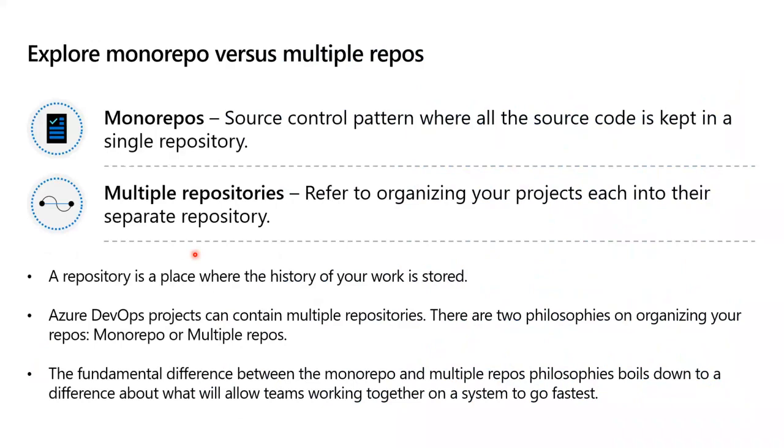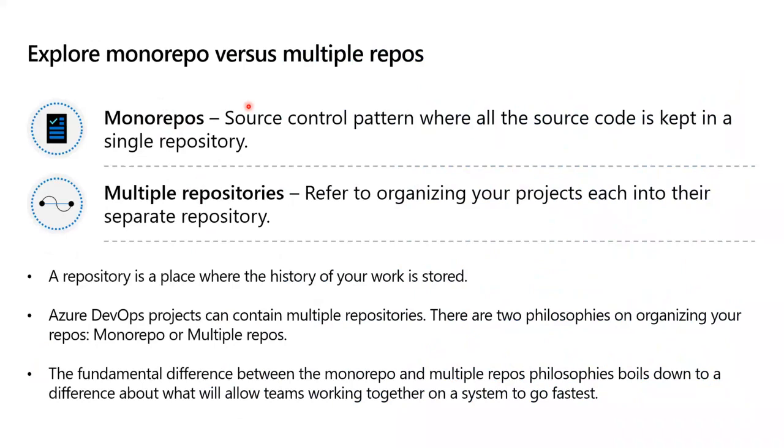So if we focus this on Git repositories, normally, as I showed you before, you have a project, and each project will have multiple repositories. Actually, this is going to impact the monorepo versus multi-repo decision.